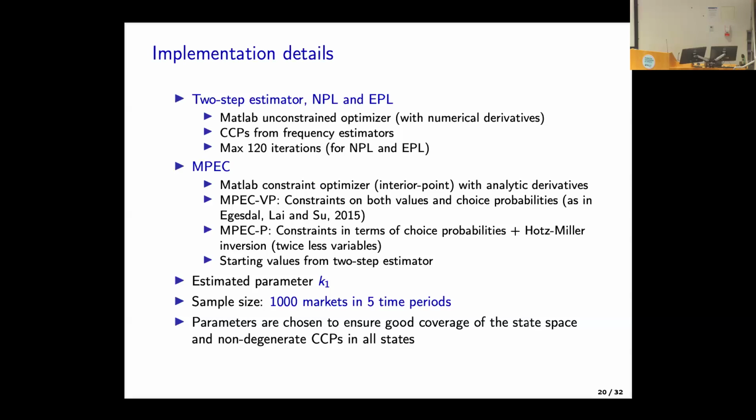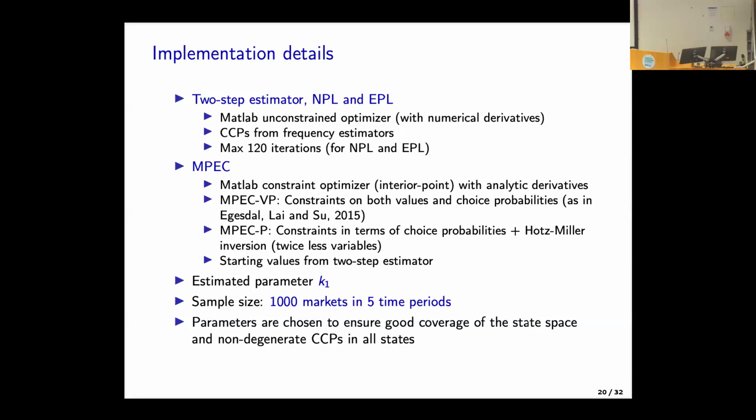Anyway, what do we do with the two-step estimators? We are using numerical derivatives; I think it doesn't really matter. It's pretty simple to do a logit. It's a globally concave likelihood function, so don't worry about that. We're using the CCPs from frequency estimators, and in fact all the estimators we're going to initialize with these two-step estimators.